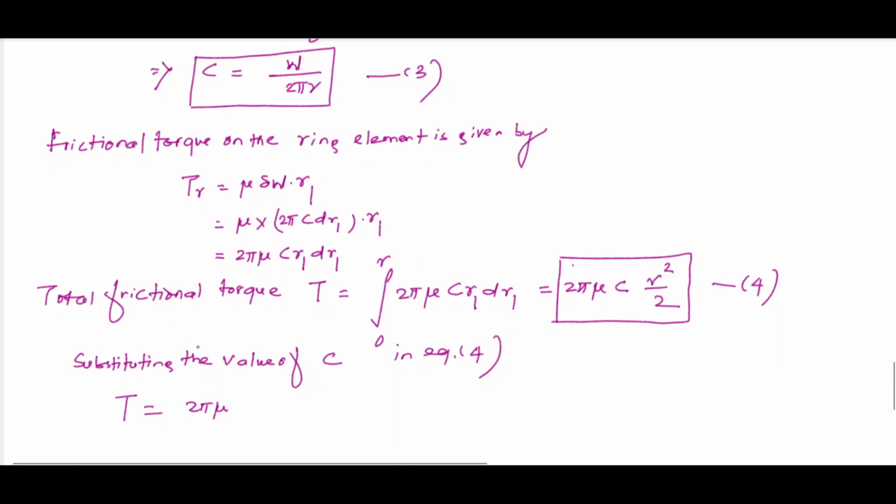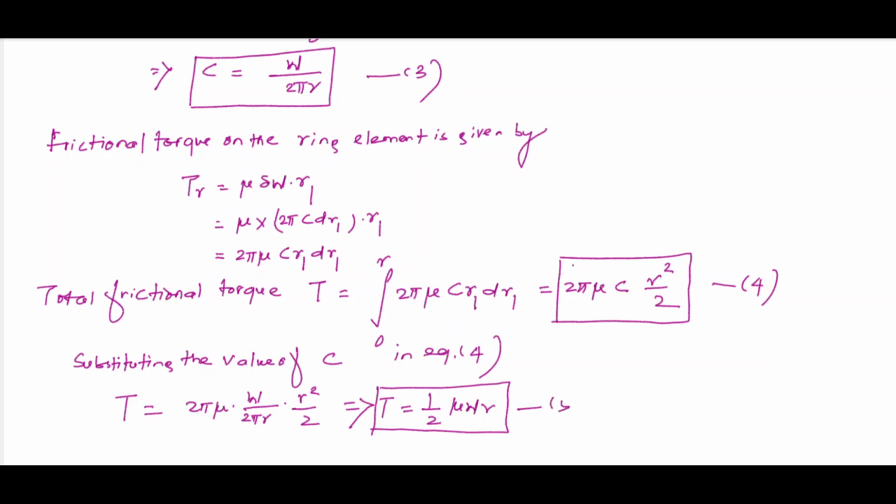It is W by 2 pi R. So W by 2 pi R into R square by 2. Okay. So this will give us T is equal to half mu W R. Let's say this is equation 5.